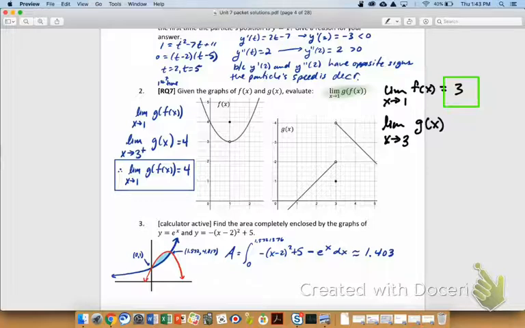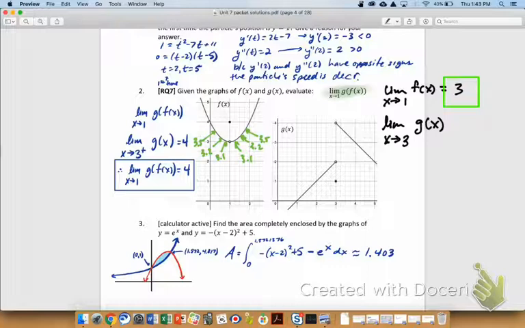So like right here, this y value, 3.5. This y value here, 3.2, 3.1, obviously heading towards 3. From this side, it's the exact same thing, 3.5, 3.2, 3.1.